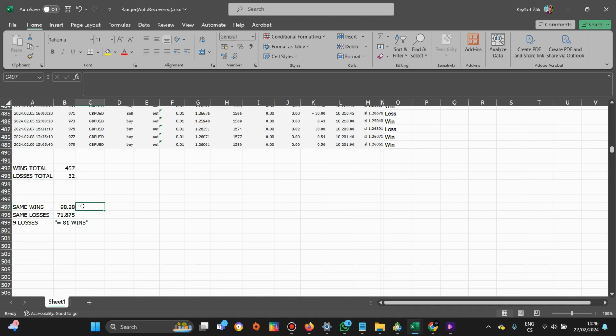But in losing positions, we had a match of only 71%. And if you keep in mind that the risk-reward ratio for these EAs is 1 to 9, then it makes a difference, because the difference of 9 positions is equal to 81 winning positions, which is really huge.